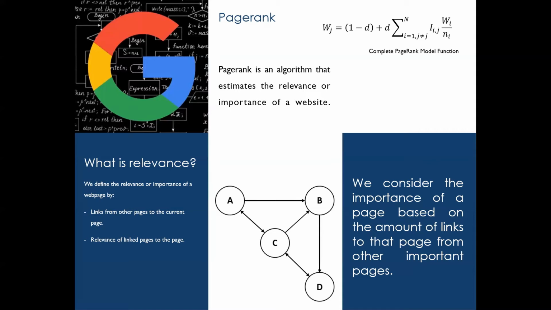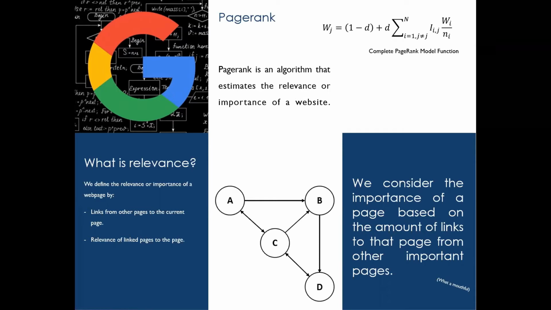Therefore, one could in theory make their website as relevant as they want. This is why we expand the definition of our algorithm to fix this issue, by stating that the relevance of a web page is based on the amount of links from other relevant pages that that website has.